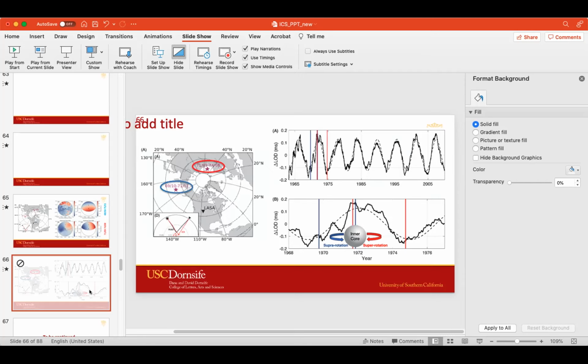Yes, to uncover the 6-year periodicity that people believe is there. There's a lot more going on in the change in length of day spectrum, and I'm wondering how you can rule out that other things in the length of day spectrum might also be affecting the inner core superrotation or subrotation.